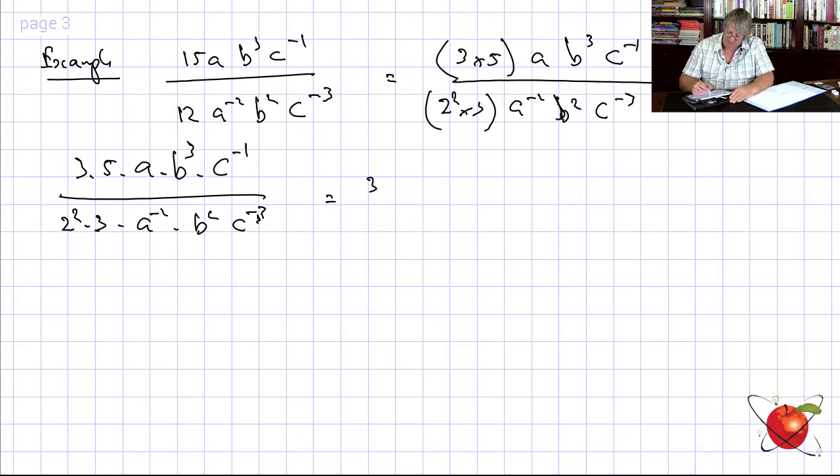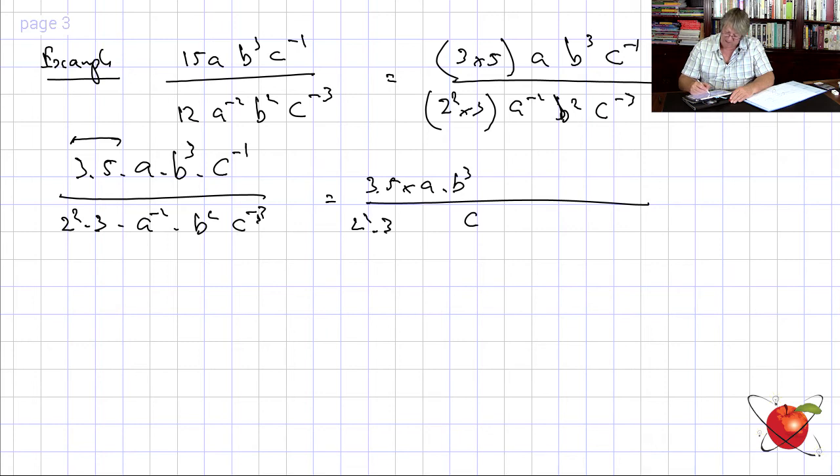That is 3 times 5 times a times b cubed, draw my line, c gone down, over 2 squared, 3. That a minus 2 goes up and becomes a squared. B squared stays, and the c minus 3 becomes c cubed.